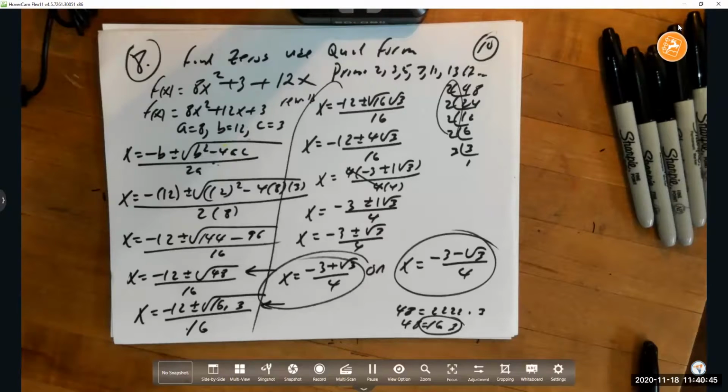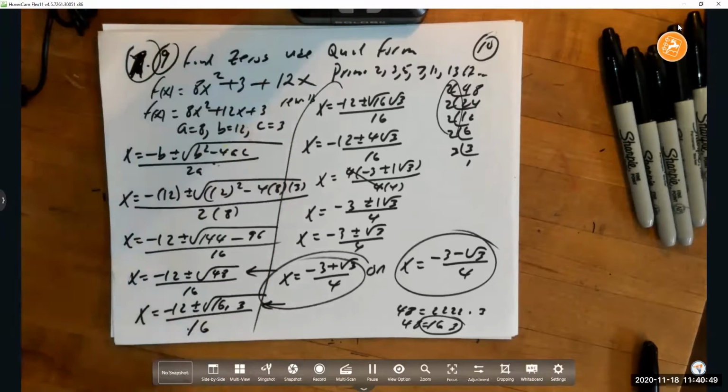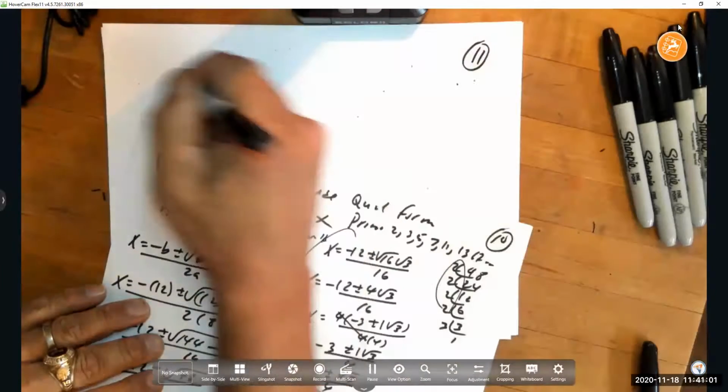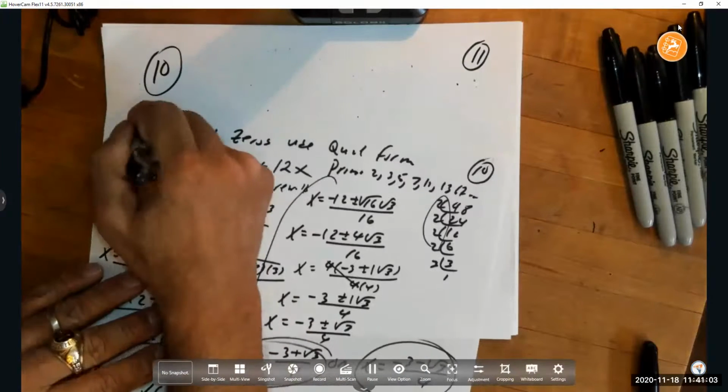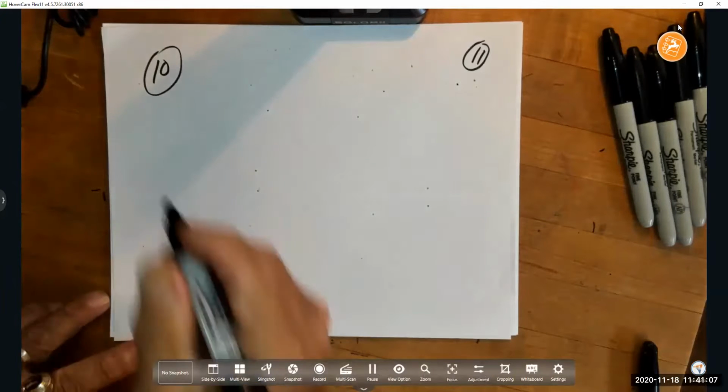All right, this is actually number 9. Yeah, number 9, that's what that is. Okay. Number 9. So now I'm going to go to number 10. That's what the next one is. It's going to say graph.